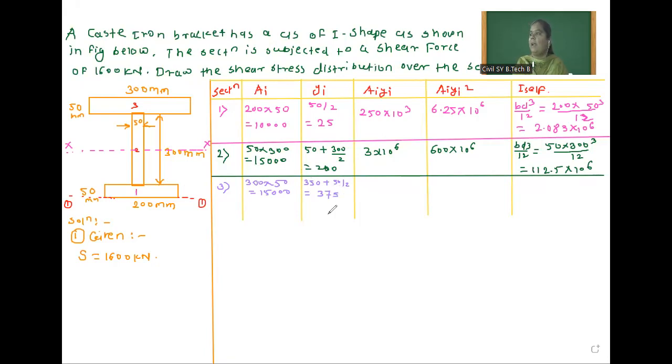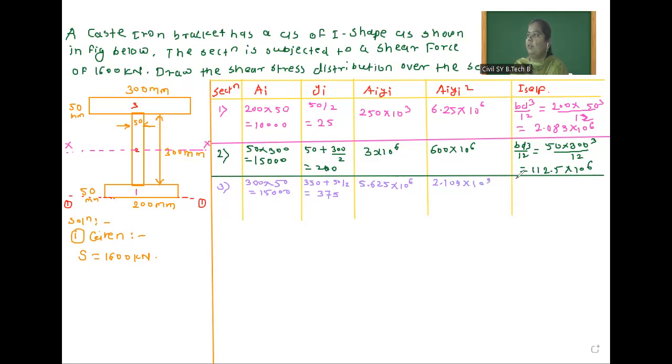After that, AIYI, 5.625 into 10 raised to 6. After that, AIYI square, 2.109 into 10 to the power 9.